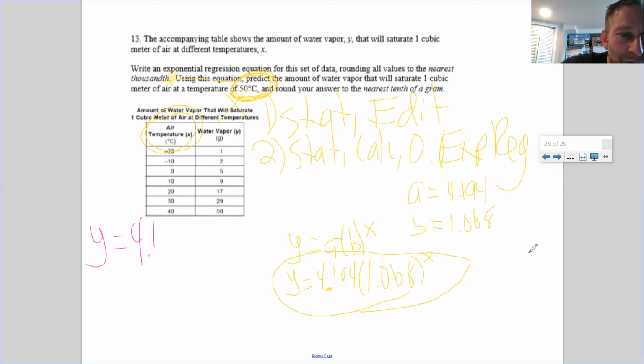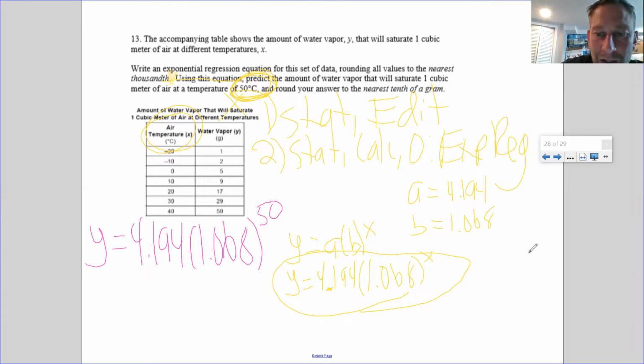So 4.194 times 1.068 to the power of 50. Notice that this question says nearest tenth, this one says thousandth. You need to read very carefully. The different questions within the same problem may ask you to round to different values.